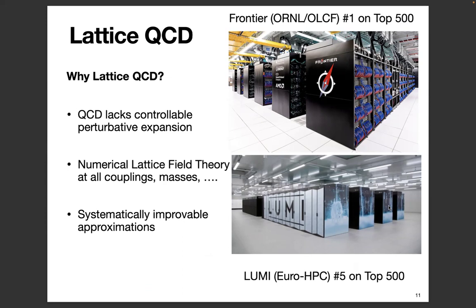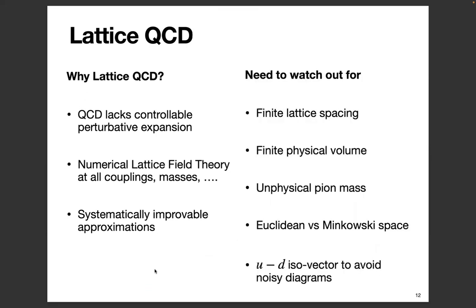Of course, there are a lot of approximations I'm talking about here. Some of the most important ones are our regulators. We have our finite lattice spacing, which is our UV regulator, which can actually be a huge problem in many observables. We have our finite physical volume, which for the hadronic calculations we're doing is a problem, but for HadSpec it's actually useful. And then there are other things which are steadily improving.